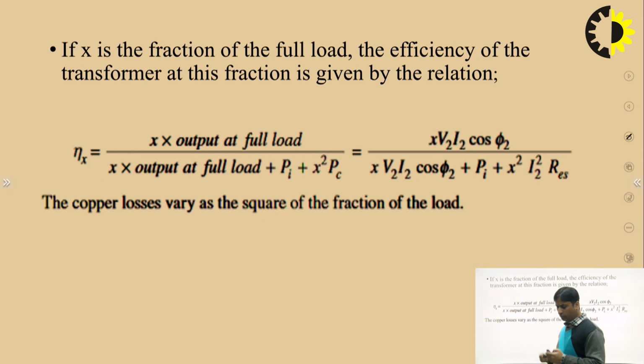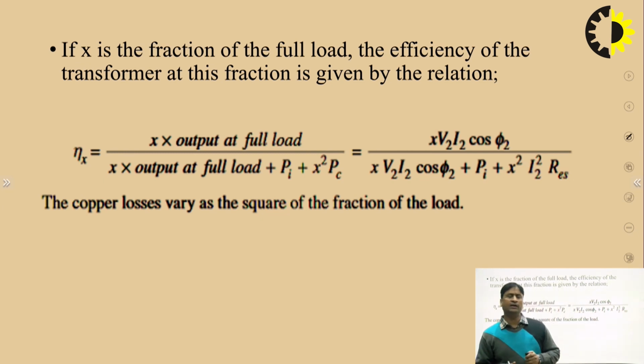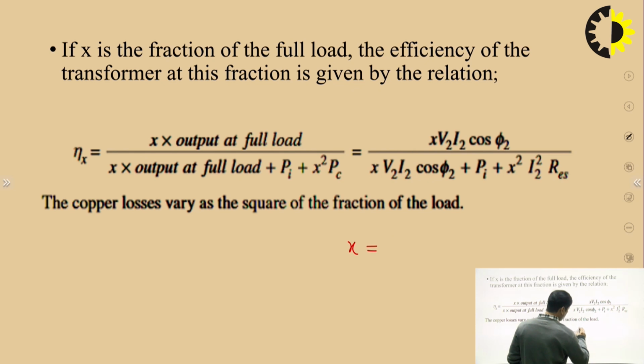Now suppose the transformer is working at some other load, where X is the fraction of the full load. In that case the efficiency can be calculated by this method. X is nothing but the ratio of actual load upon rated load.